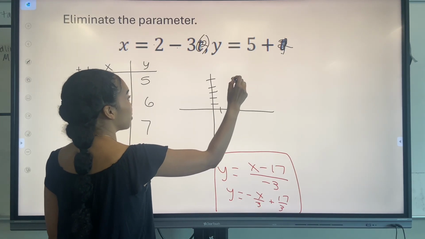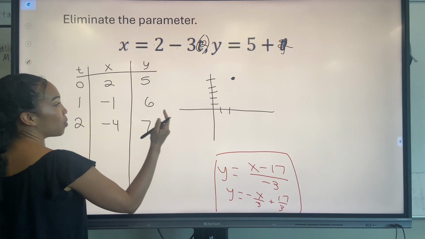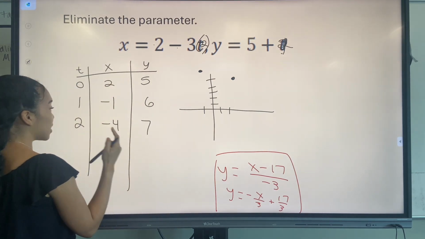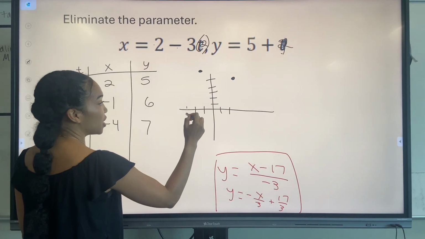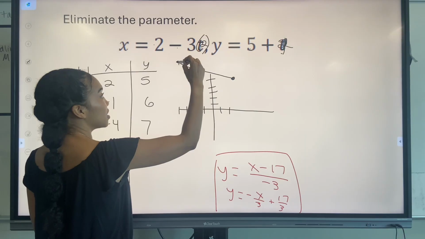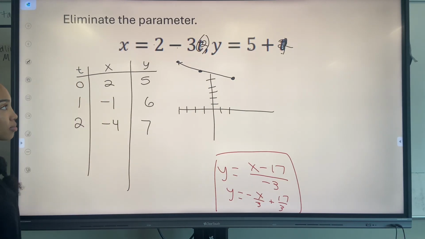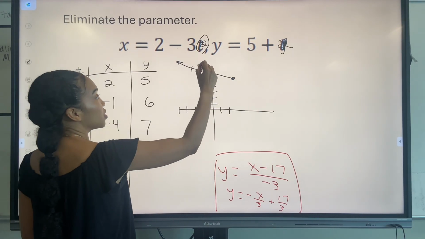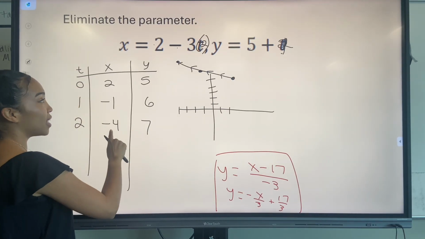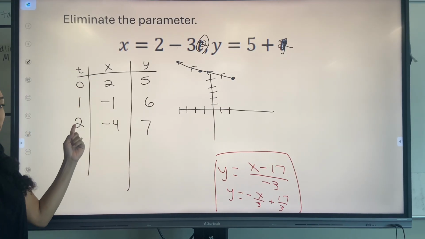You're right here. Then at 1 second, you're at (-1, 6). And then at 2 seconds, you're at (-4, 7). So your vector is going this direction. You started at (2, 5), and you ended at (-4, 7) after 2 seconds.